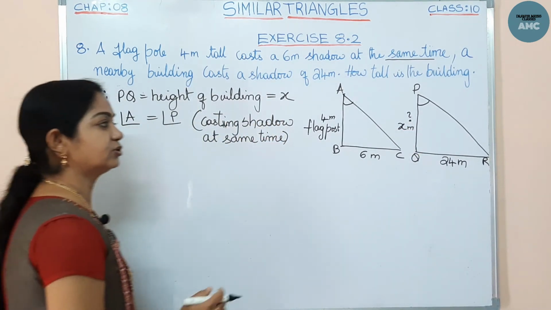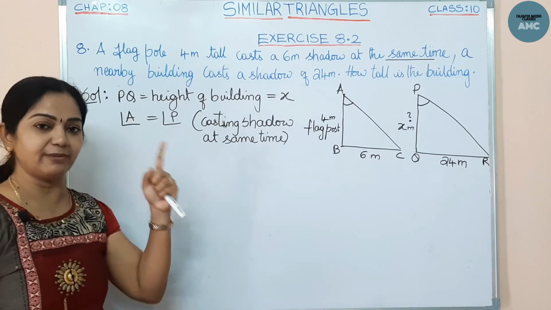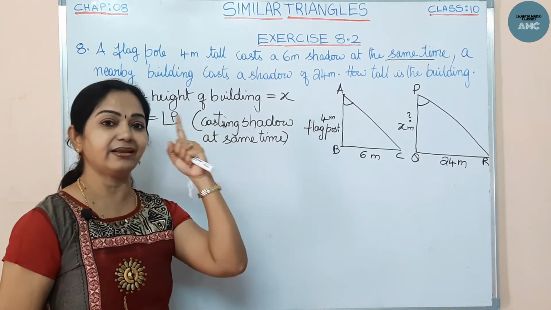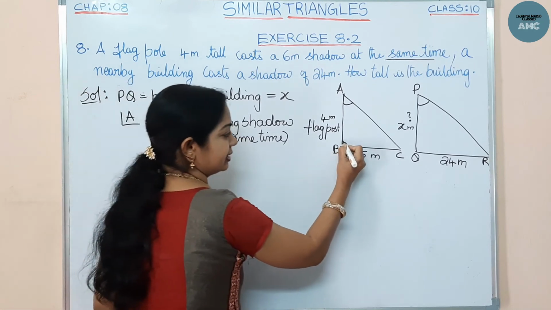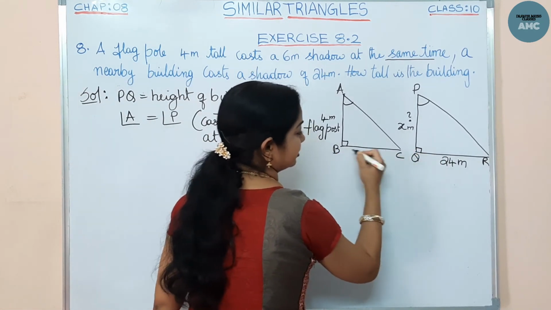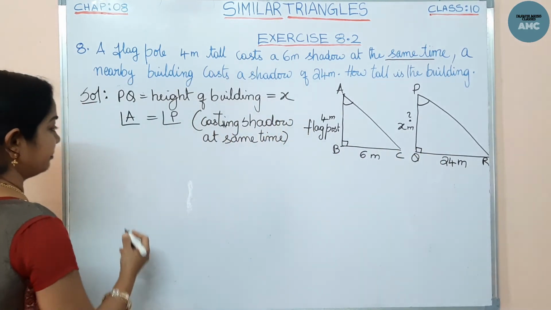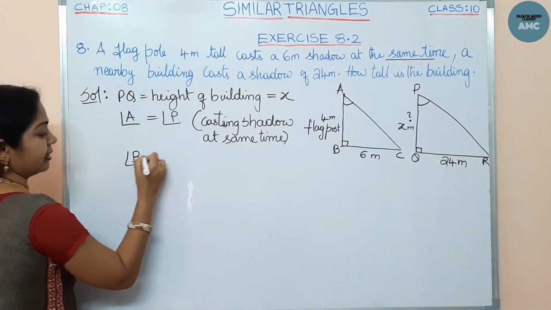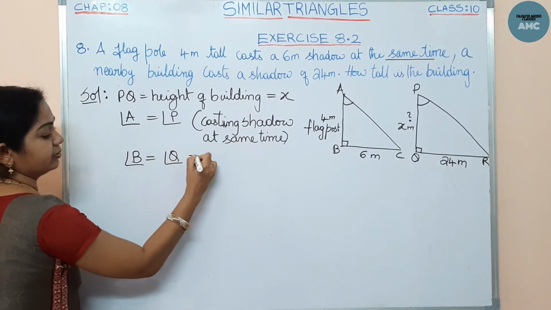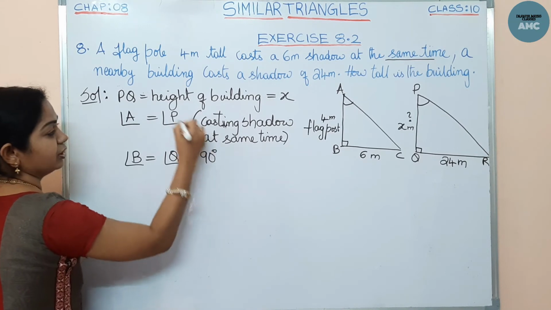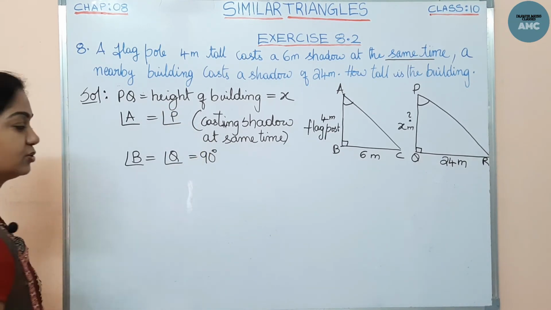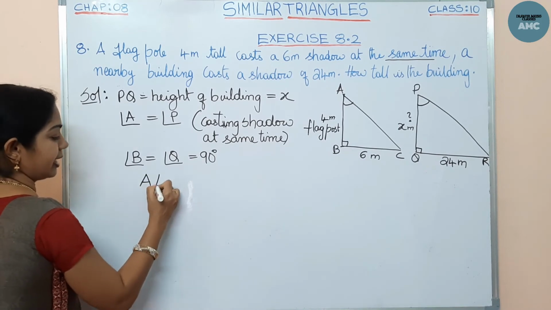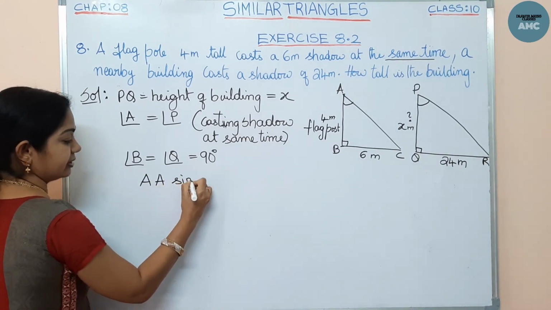Now, the flag post and the building are erect to the base, which means 90 degrees is formed. So angle B is equal to angle Q, that is 90 degrees. Two angles of the two triangles are equal, so we can use the angle similarity criterion.